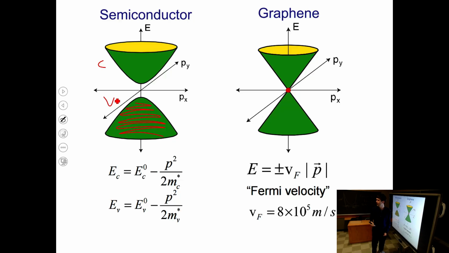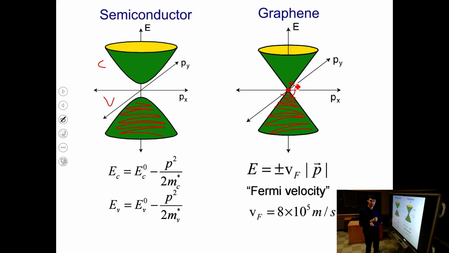Now, in graphene, all of these states are filled. However, all of these states are empty, but there is no gap between them. You can take an infinitely small energy and go between the valence band and the conduction band. So graphene, by our definition, is then a metal. Graphene is a metal because of these K points.